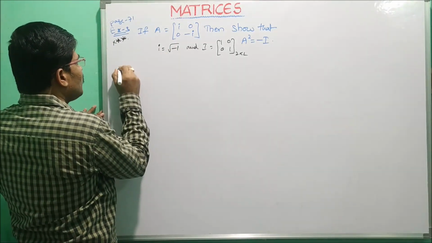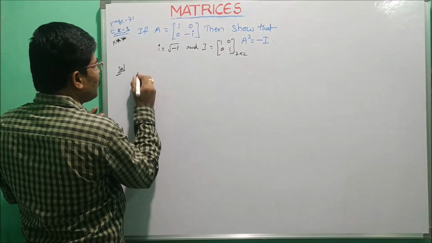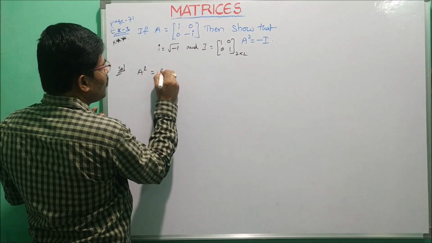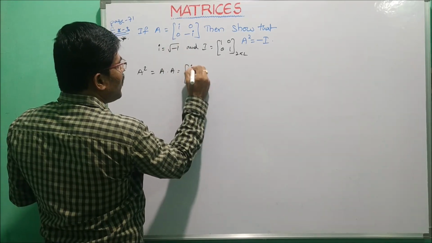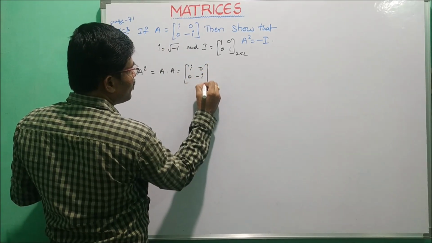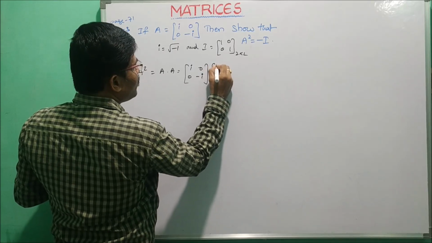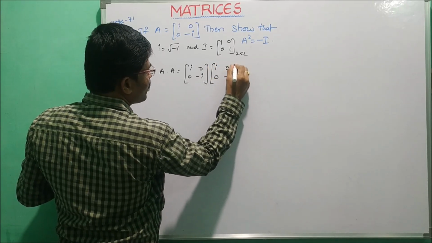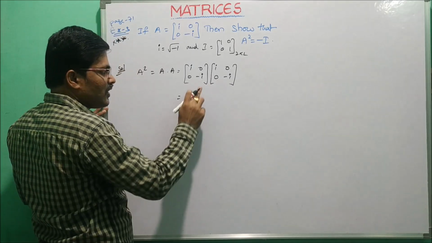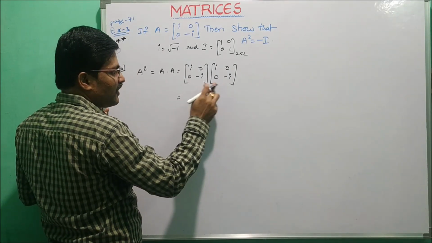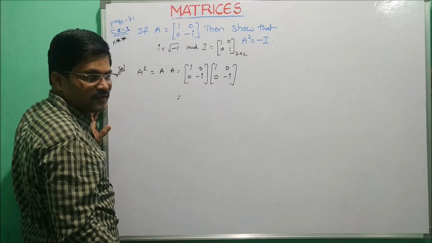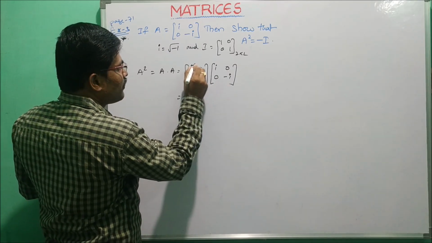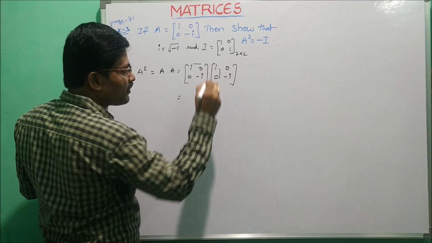Now to find A square, A square means we have to write A into A. So already A is given, [i, 0; 0, minus i] into [i, 0; 0, minus i]. Here first of all we observe that in these two matrices the number of columns equals the number of rows. So here we have to take the first row, in this we have to take the first column.